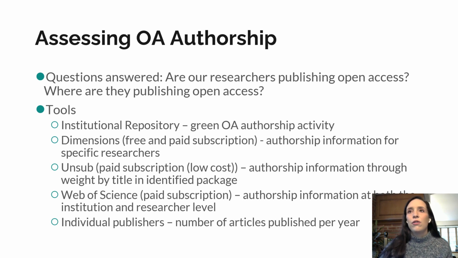Where are our researchers publishing? We can look more specifically into which subjects, as well as where they're collaborating. And then of course we can go back to the individual publishers and the number of articles our researchers have published per year.